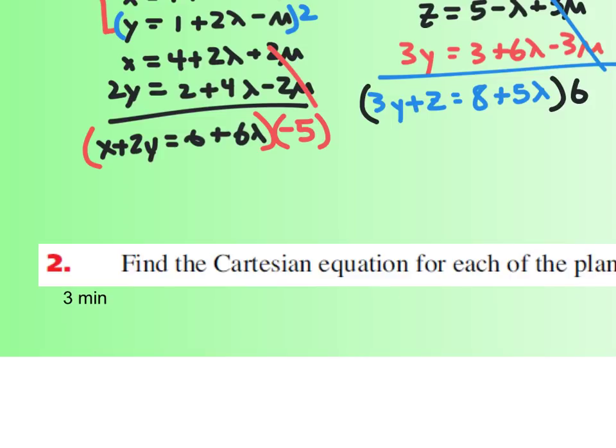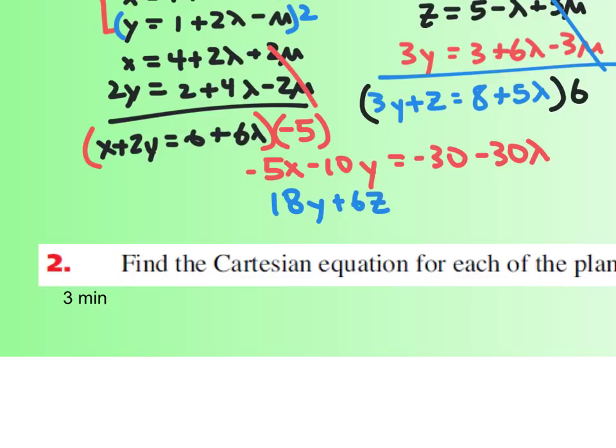So if I multiply by -5, I get -5x minus 10y equals -30 minus 30 lambda. I do the same thing over here, and I get 18y plus 6z equals 48 plus 30 lambda.